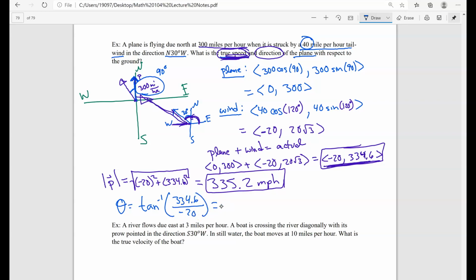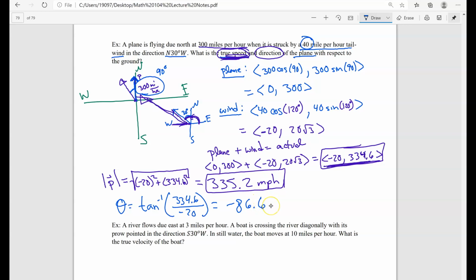So I'm going to take the inverse tangent of 334.6 divided by negative 20, and I'm going to get negative 86.6.